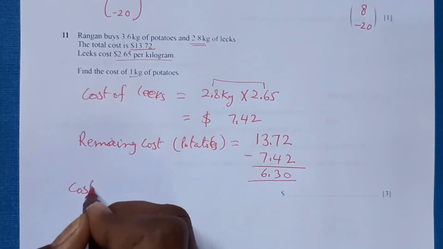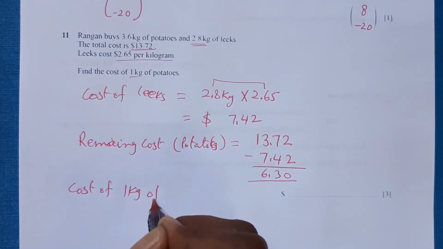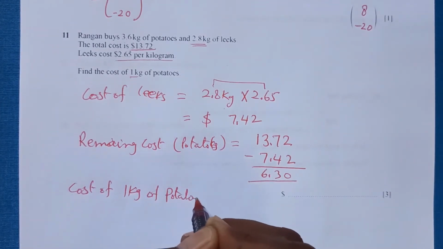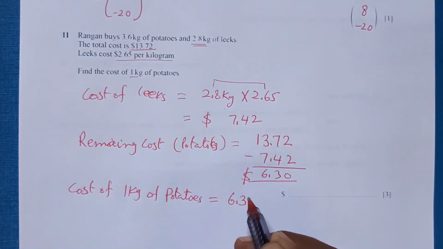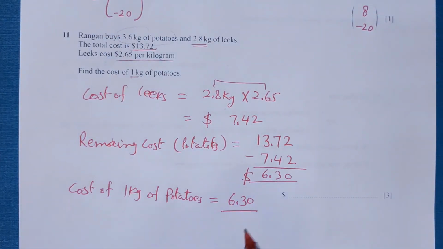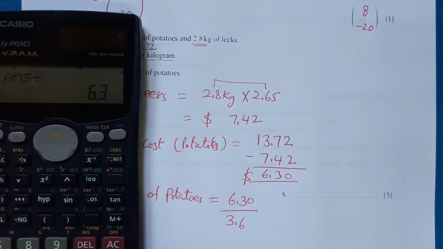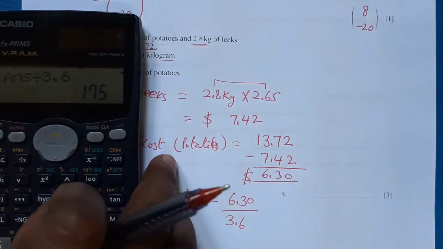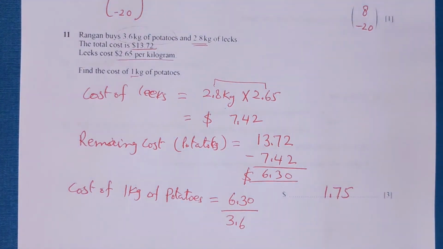So the cost of 1 kg of potatoes, because this is the total cost, is 6.30 divided by the potatoes that have been bought, that is 3.6. So when you divide 6.3 by 3.6, this is 1.75. So 1.75 is the cost of 1 kg of potatoes.